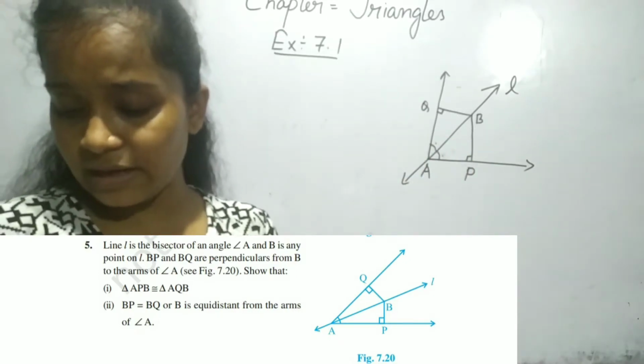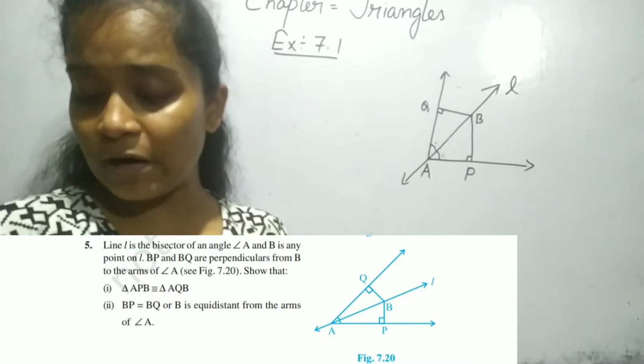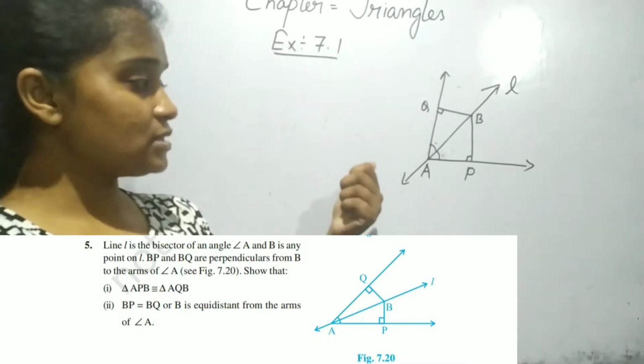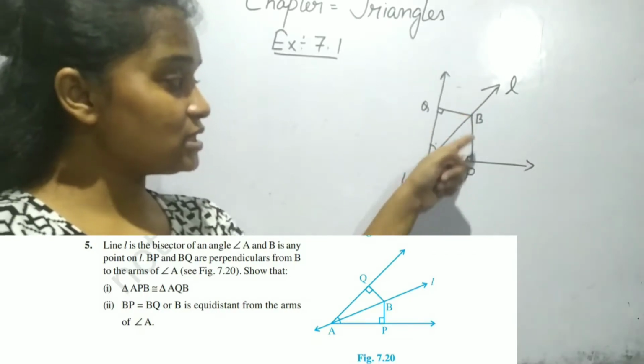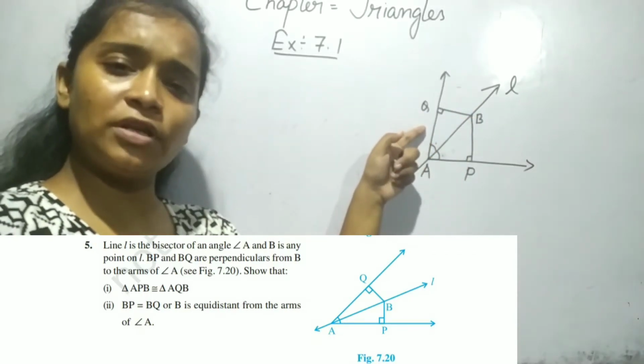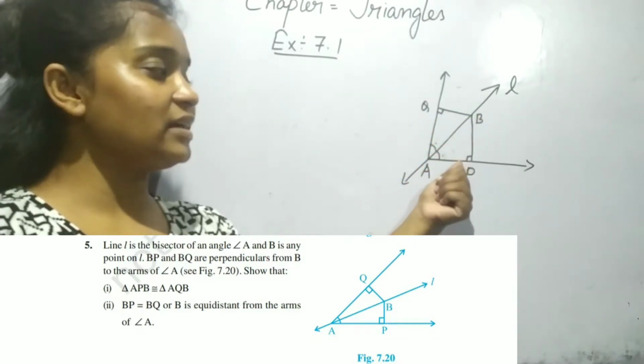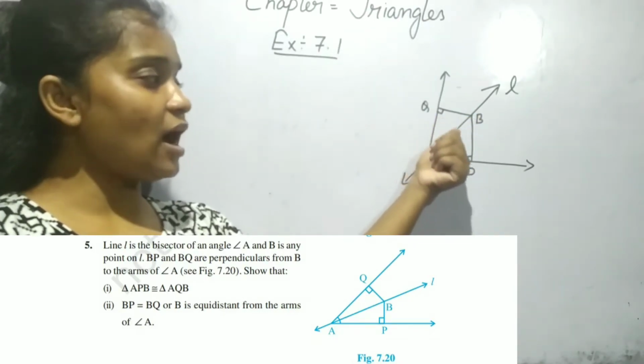Then it is given here, BP and BQ are perpendicular from B to the arms. So this is the perpendicular. Now what is perpendicular? The line which makes 90 degrees. So they are 90 degrees.